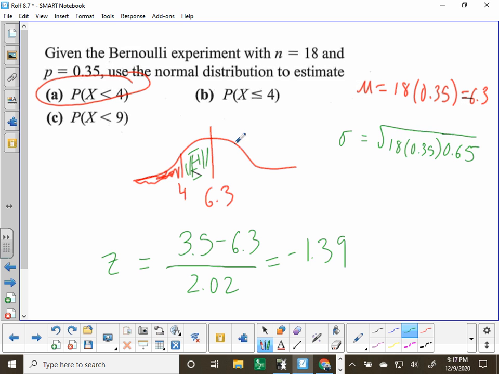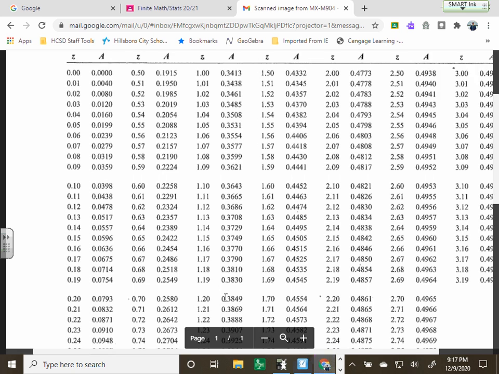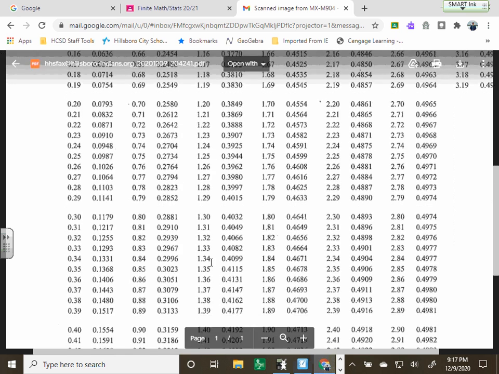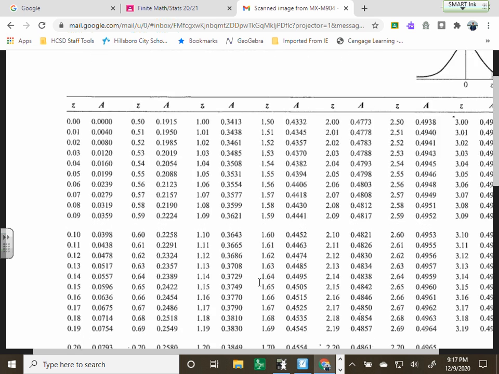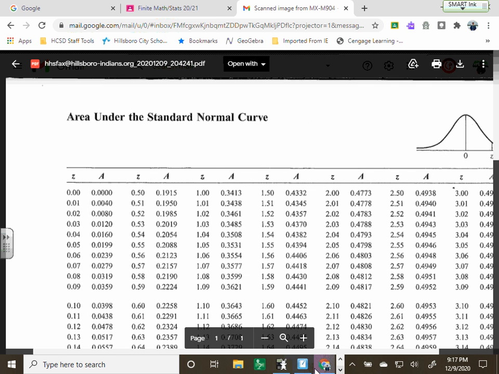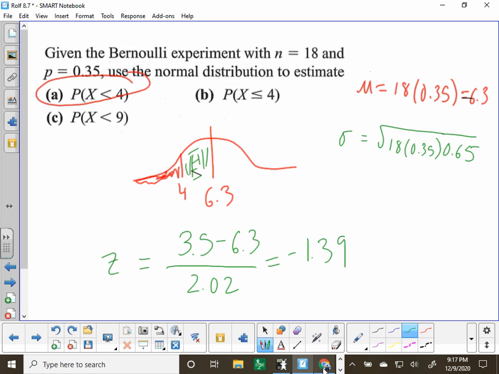But it's the other side over here, right? It's 1.39, which is the same area as negative 1.39. So 1.39, 0.4177. So that means this green area right here is 0.4177.